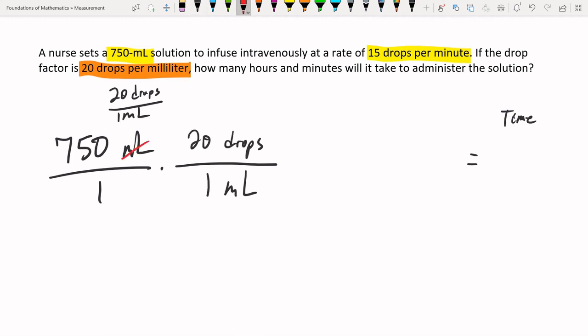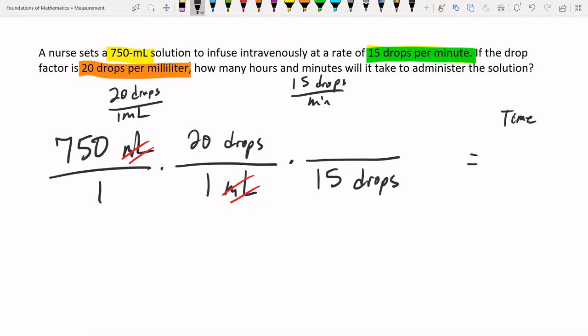So now we've converted between milliliters and drops. And now we can use the 15 drops per minute. We want drops to be on bottom. So we're gonna have 15 drops on bottom per 1 minute on top.